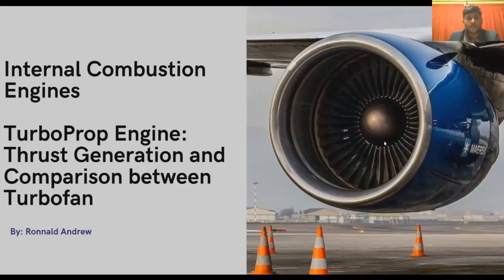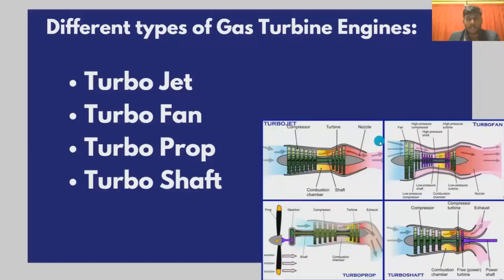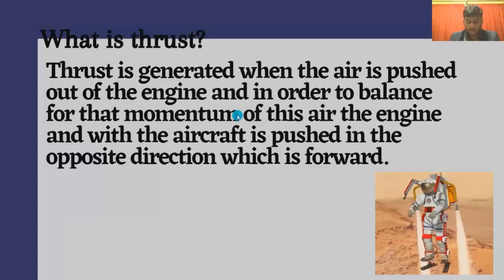There are four different types of gas turbine engines: turbojet, turbofan, turboprop, and turboshaft, and each works on its own principle. One may ask what force pushes the aircraft forward and upward. Isaac Newton has already stated this in his second and third laws.